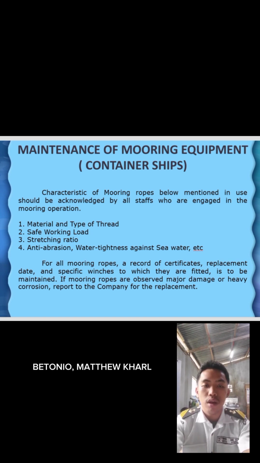Fourth, anti-abrasion and watertightness against seawater, etc. For all mooring ropes, a record of certificate, replacement date, and specific winches to which they are fitted is to be maintained. If mooring ropes are observed with major damage or heavy corrosion, report to the company for replacement. That's all. Thank you.